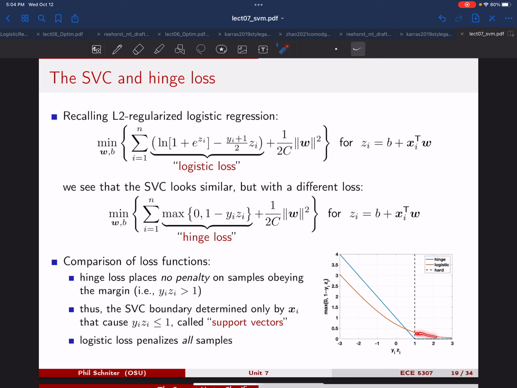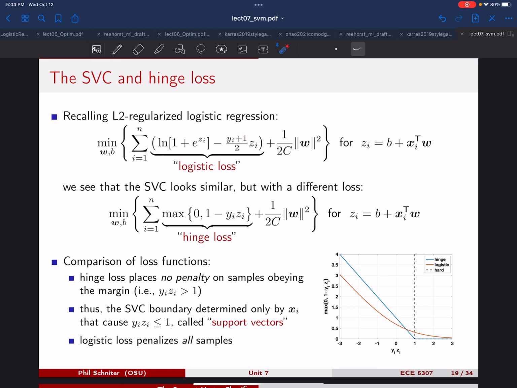It's always a little bit positive. It gets small, but it never goes to 0. So whereas the hinge loss, or the SVC, places no penalty on samples that are obeying the margin, the logistic loss penalizes all samples. In other words, even the ones that are easy to classify, it is somehow saying, I don't like that one, I'm going to give it some loss.